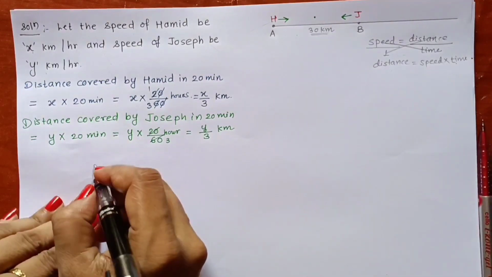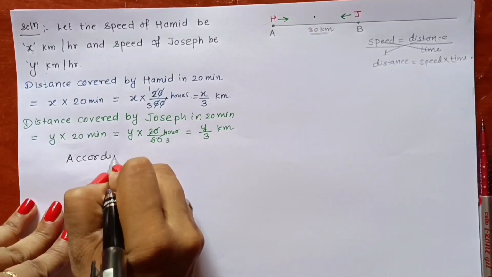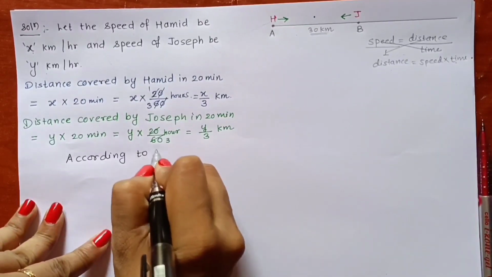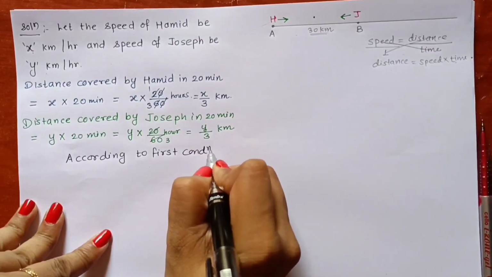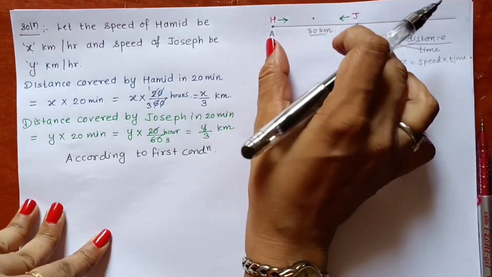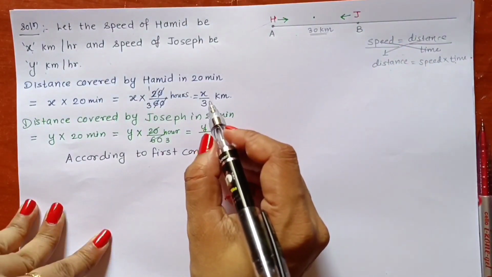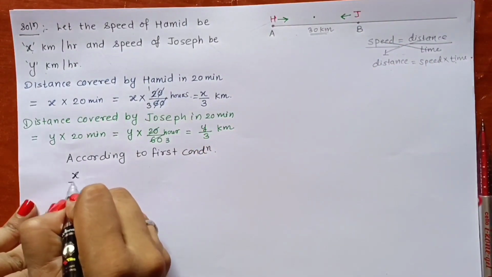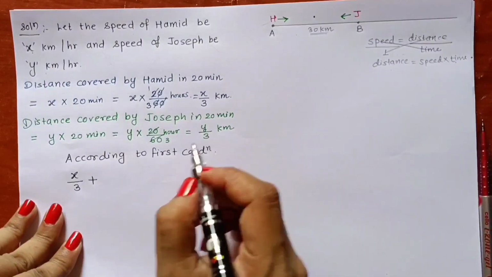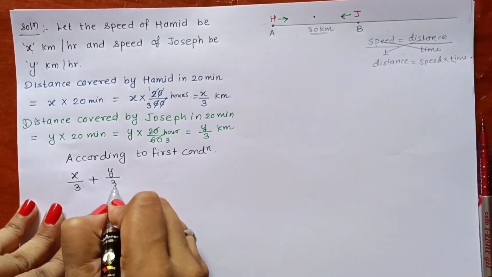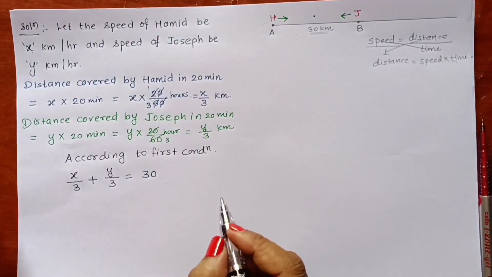Now according to the first condition, we will form the equation. What is the first condition? They together cover this 30-kilometer distance in 20 minutes. So the distance covered by Hamid is x upon 3 plus the distance covered by Joseph is y upon 3, and together they cover 30 kilometers.